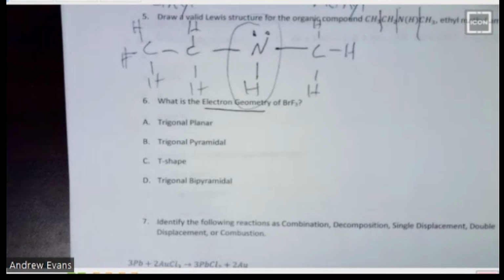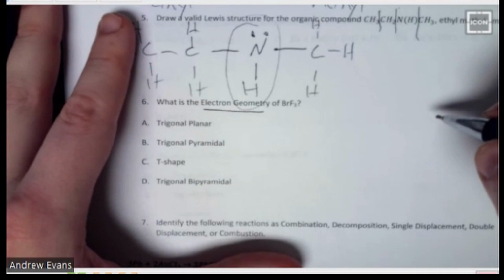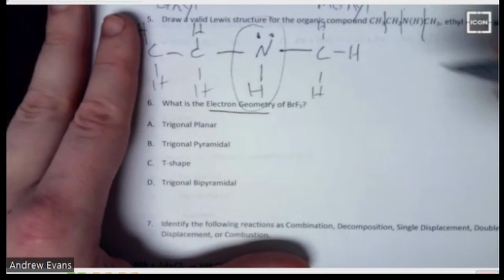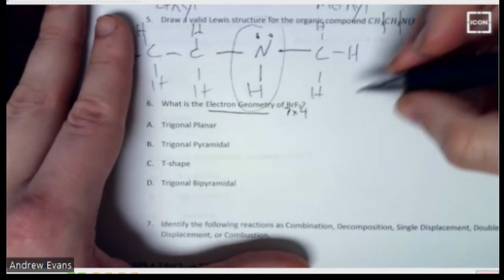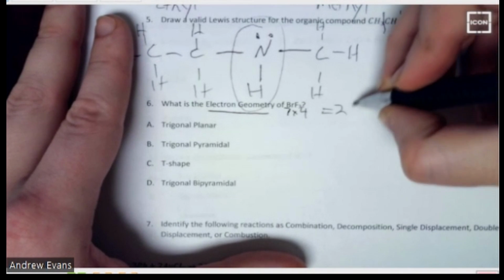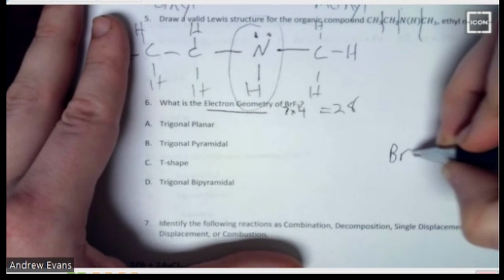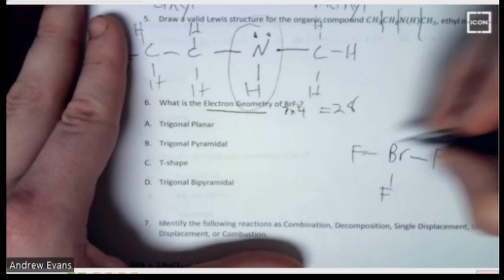Electron geometry or electronic geometry is the initial geometry where you count the lone pairs the same as you would count everything else. So we have 7 times 4. All these are group 7. So you have a total of 28 electrons. So Br in the center, F, F, F. There's 6.